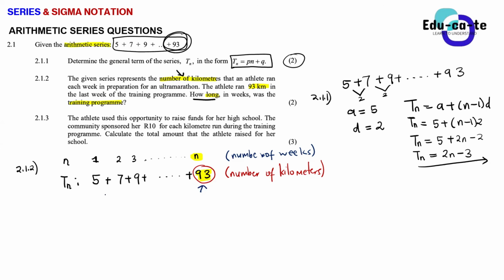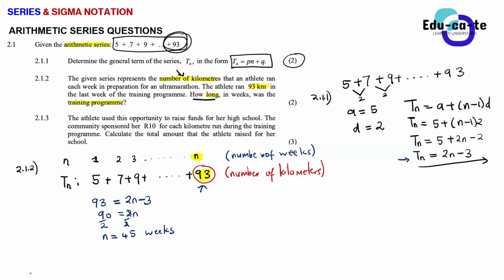So here we know that Tn is 93, equals 2n minus 3, as this suggests, and then you solve for n here. You transpose through to the other side. 90 equals 2n. You divide by 2 on both sides, and 90 divided by 2 equals 45. So n equals 45 in weeks, because they say how long in weeks. So this athlete was running for 45 weeks.